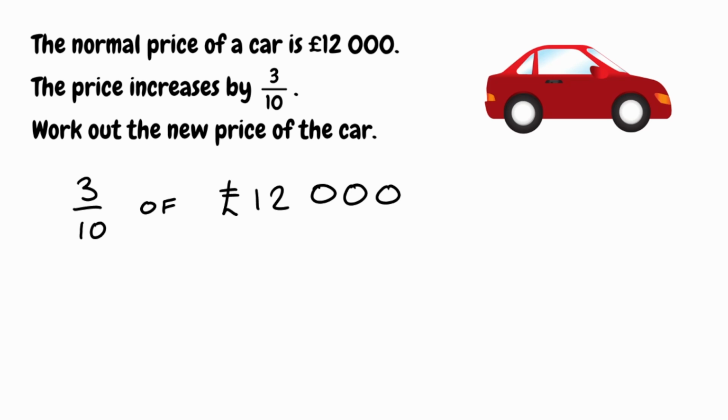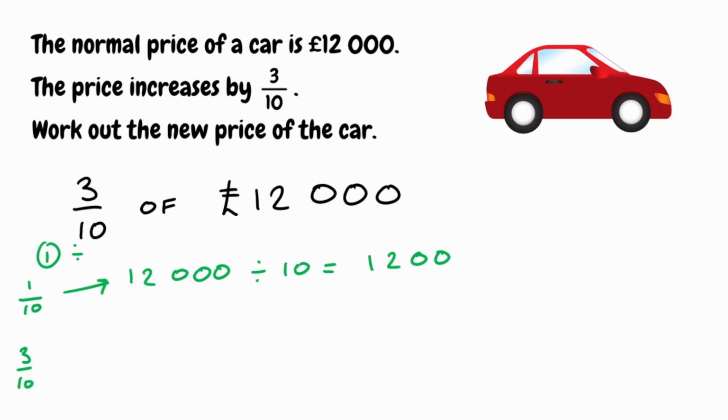To find this fraction of an amount, our first step is going to be to divide by the bottom. So we're going to do 12,000 divided by 10, and that's going to give us 1,200. So that gives us the unit fraction. That would give us what 1/10 of this £12,000 would be equal to. But the fraction we actually want is now 3/10.